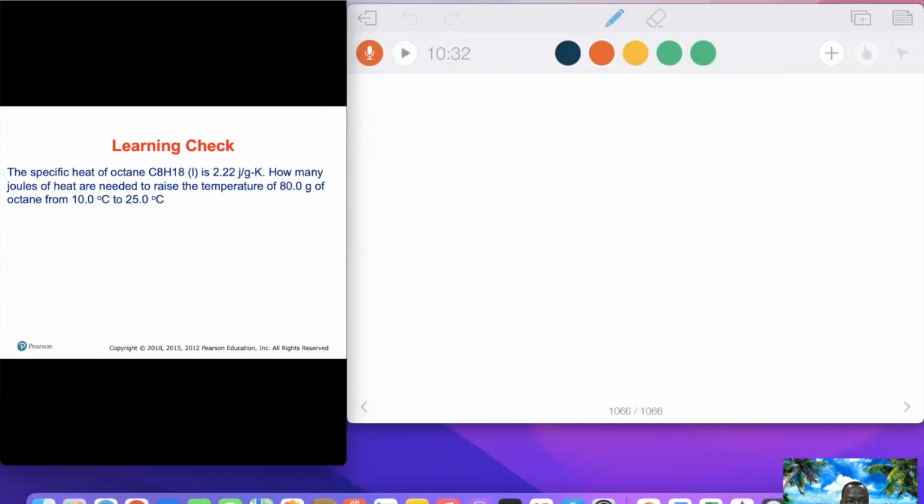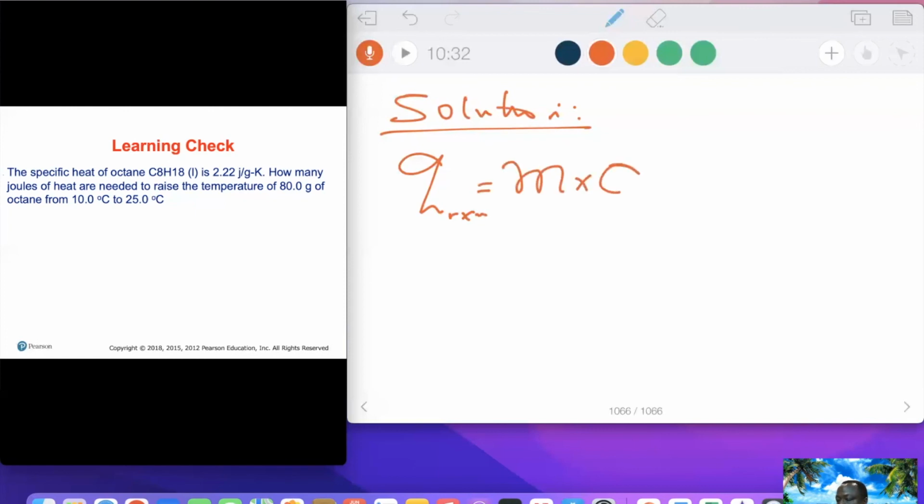So how many joules? We will need this equation. Q for the reaction is given by the mass times Cs times change in temperature. Do we know the mass of the solution? Yes, we have the mass.